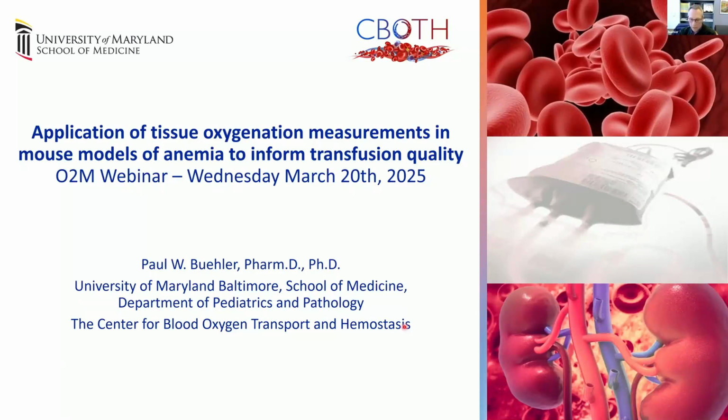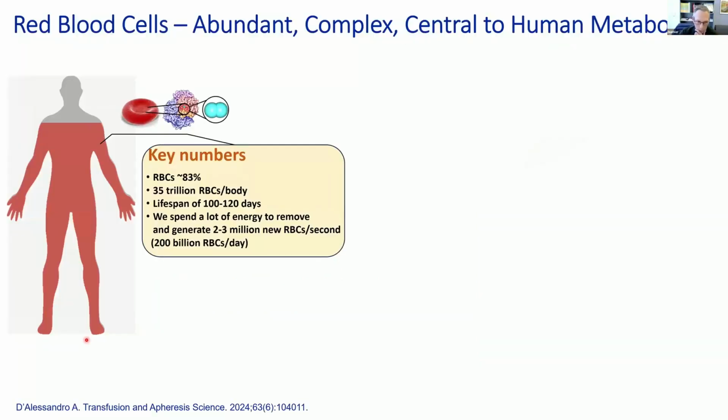So red blood cells in general make up 83% of the cellular mass of the body, really 35 trillion RBCs per individual body in healthy people. Human RBCs have a lifespan of about 100 to 120 days.